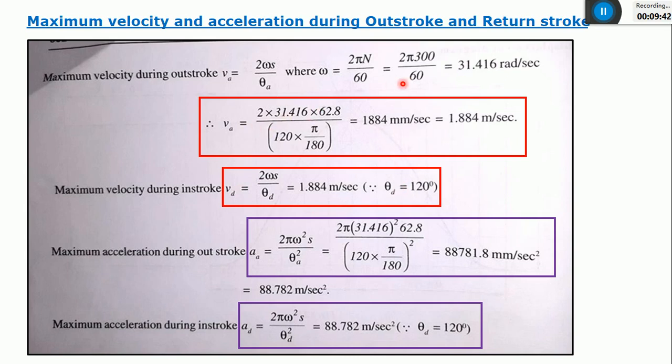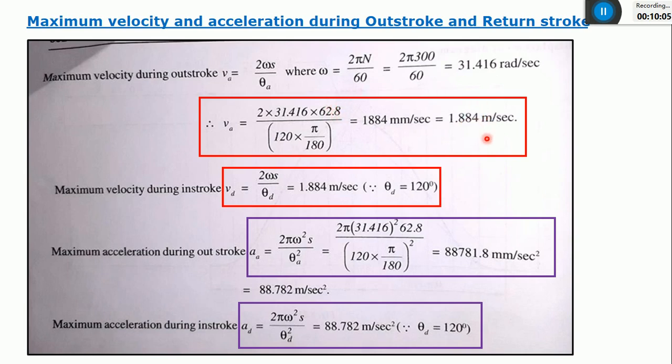After this, I'll substitute the value of omega, that is 31.416, in this equation, so that I'll get VA as 1.884 meter per second. If you substitute the value of stroke length S in millimeter, you'll get the answer in millimeter. And if you substitute the value of S in meter, directly you can get this one.